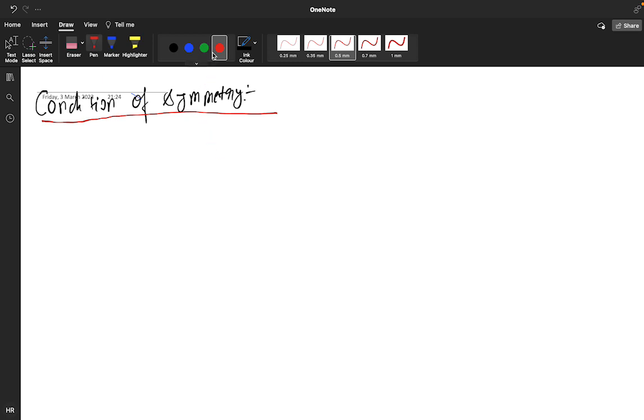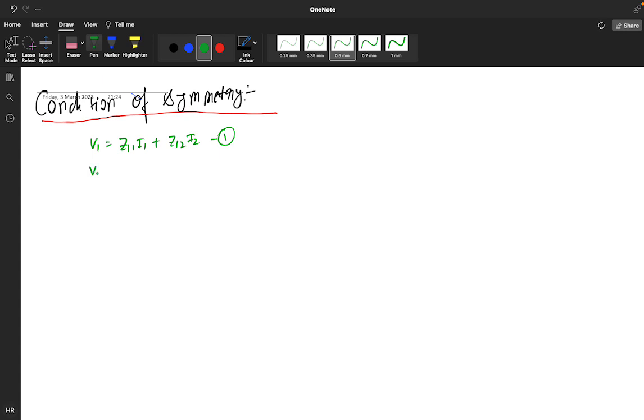See, I already told you the z parameter equations. The z parameter: V1 is equal to Z11 I1 plus Z12 I2. You remember this?